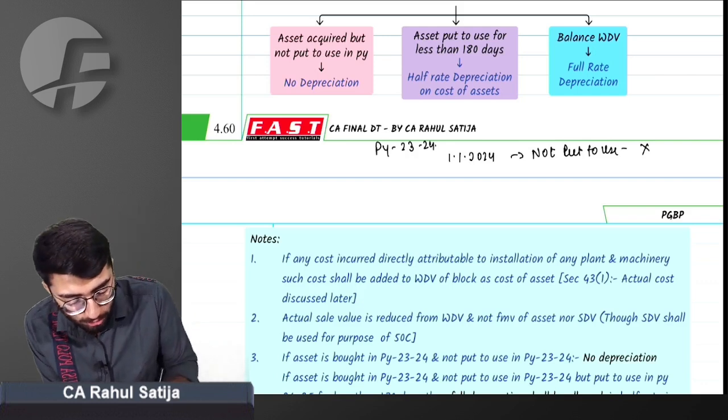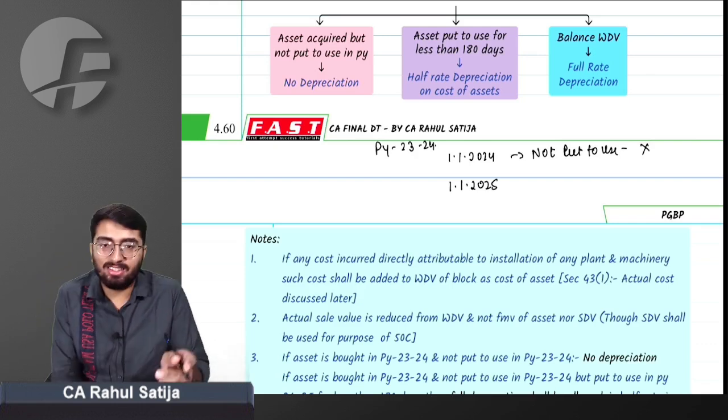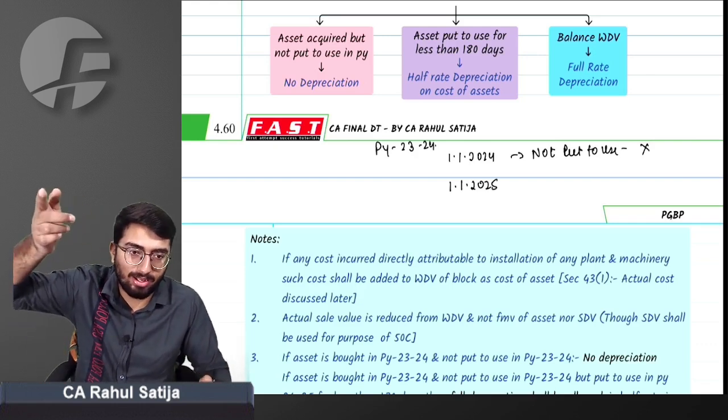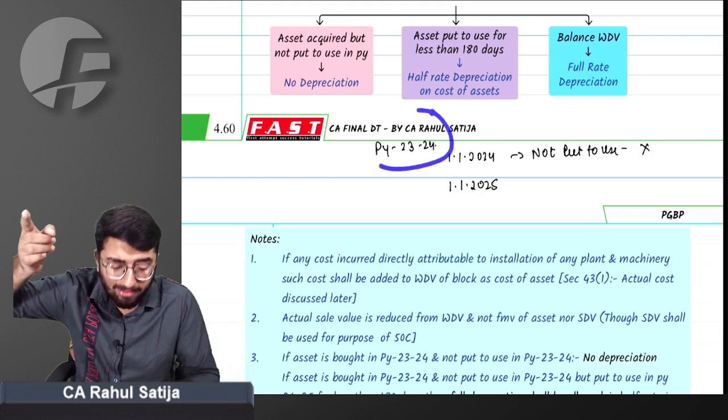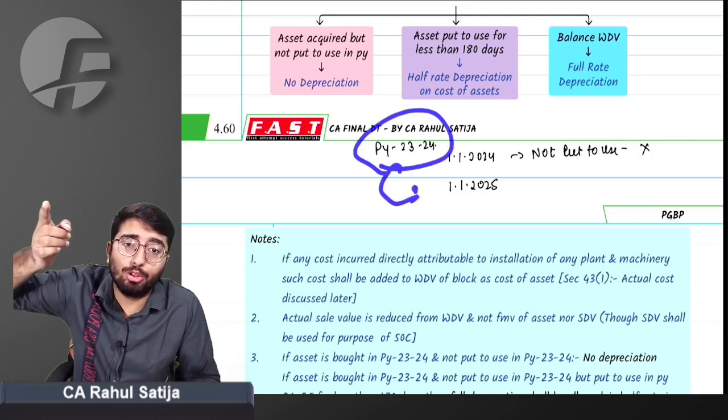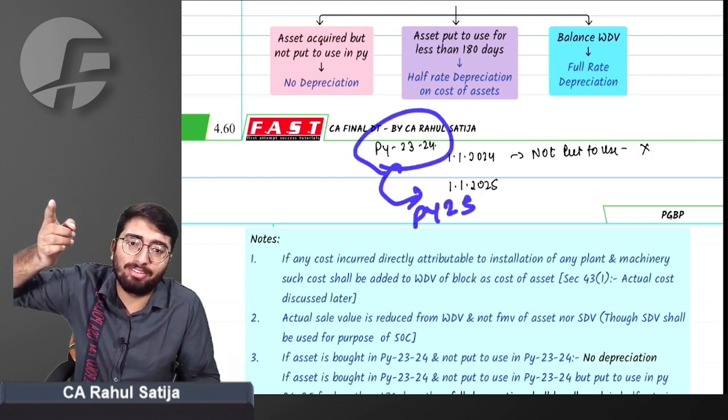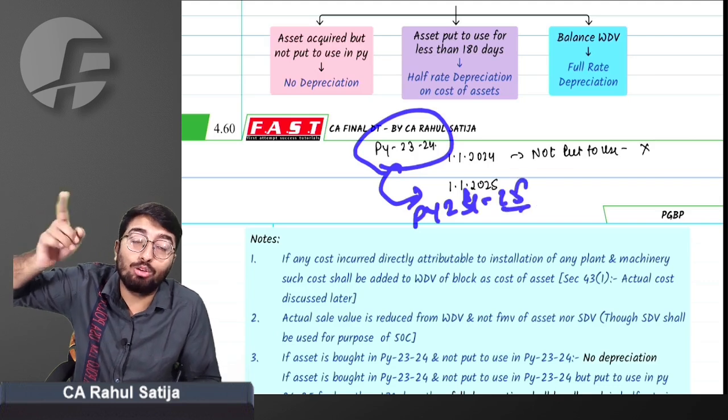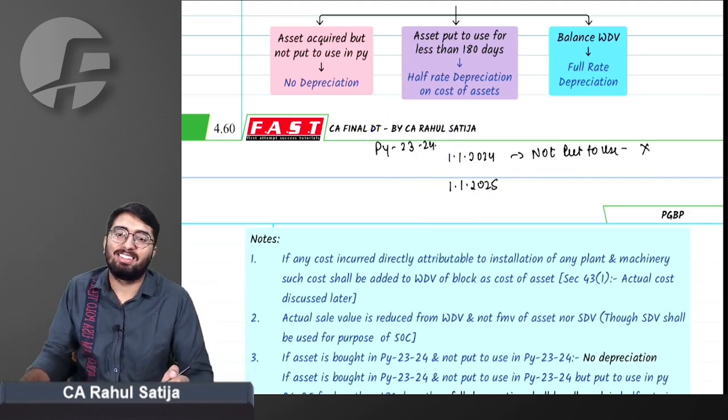Now what if you put the asset to use on 1st April 2025? That is, the asset acquired in previous year 23-24 is put to use in previous year 24-25, and that too for less than 180 days.